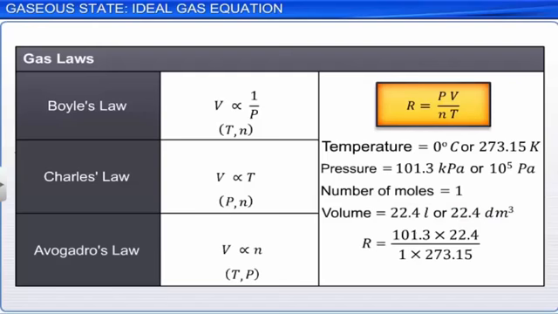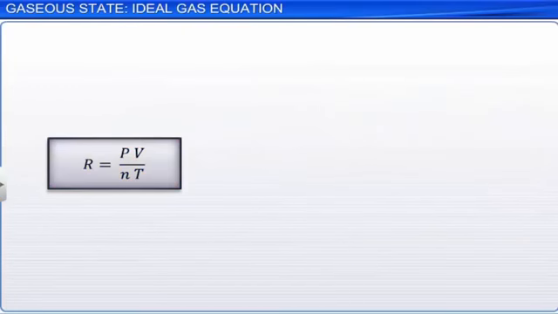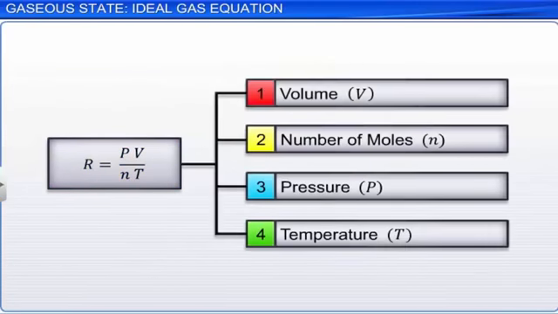We have learnt that the ideal gas equation is a relation between 4 variables: volume, pressure, temperature, and number of moles of a gas.